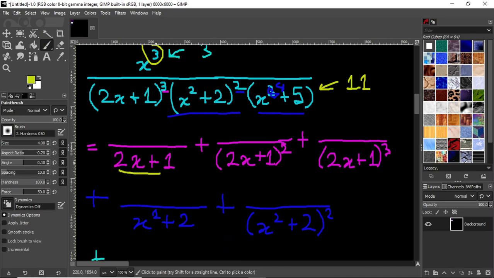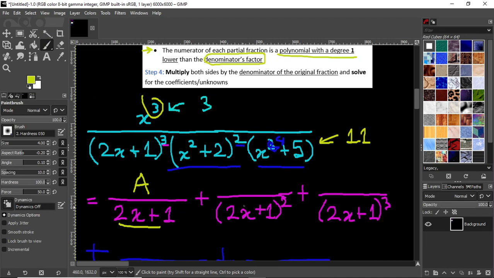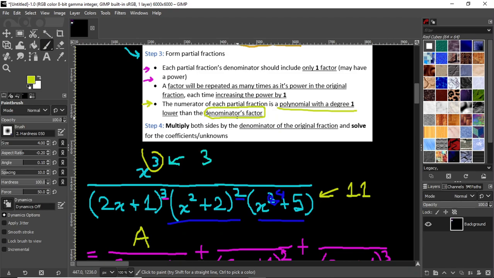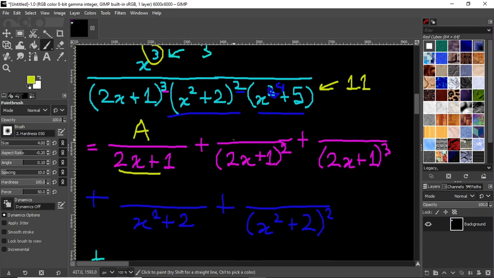You have 2x plus 1, so this is a linear factor, a first order polynomial you could say, and so the numerator should be of order 0, right? So that's basically a constant. So you'll have something like A. And this one, you see you have 2x plus 1 squared, but what I was saying is the numerator is going to be 1 degree lower than the factor that's involved in this denominator, not the denominator itself.